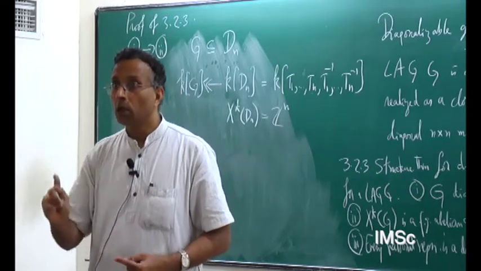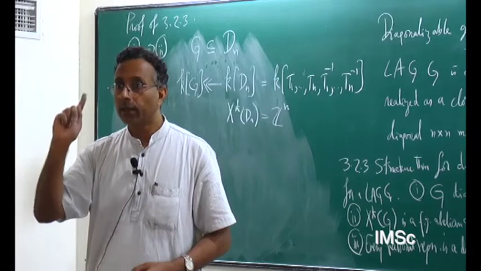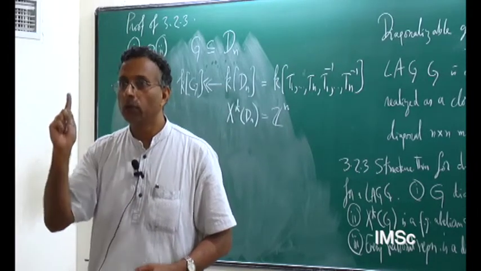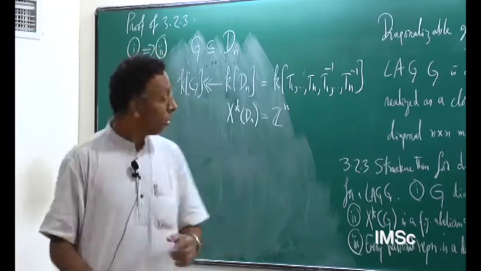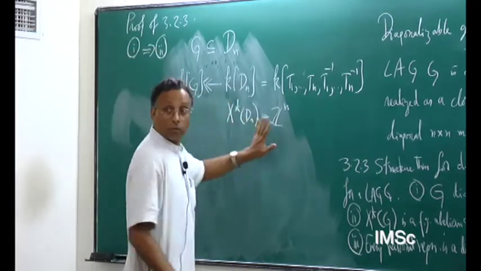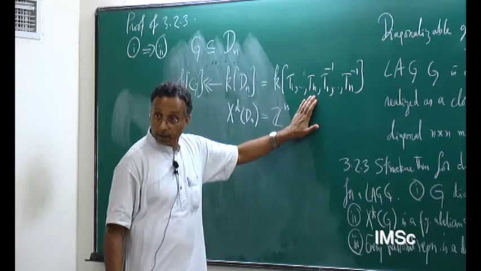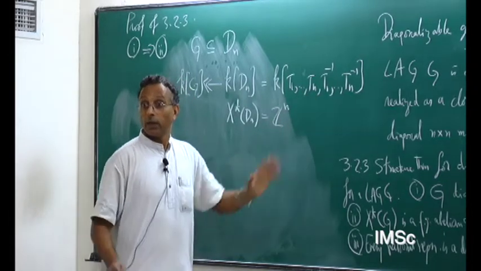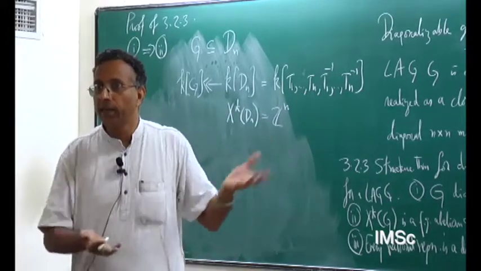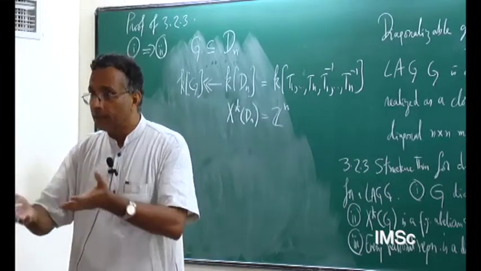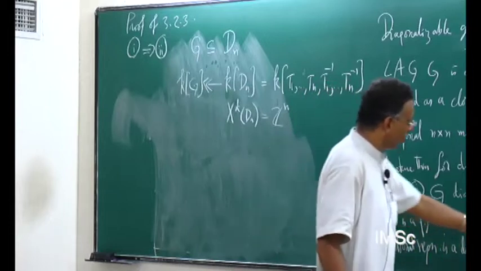Even if you haven't proved it, you should try to prove this as an exercise. And if there is something you do not understand, please do ask me on Friday. So this should be very clear to you. Why? An example of a diagonalizable group is Dn itself, by the very definition, and in that case why this is true should be very clear.